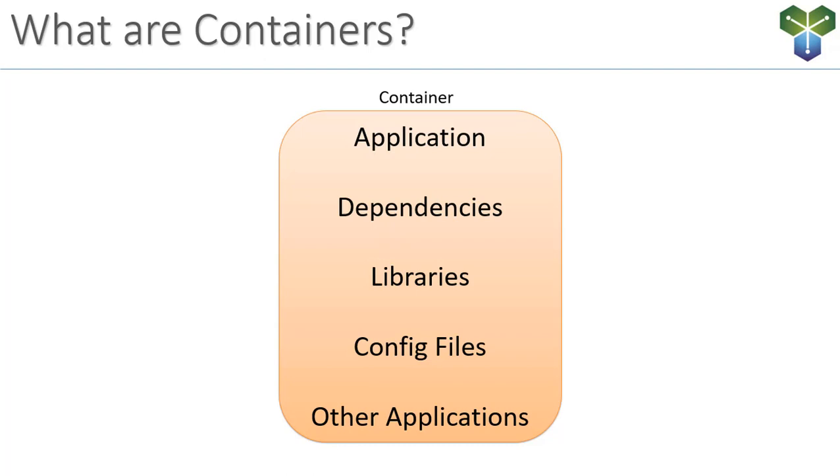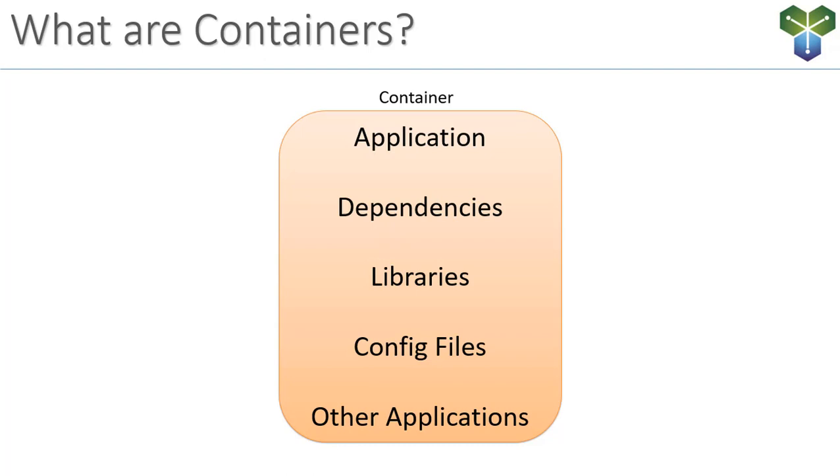So now I can take this containerized application and I can move it from platform to platform. And that's where the name containers came from. That's where Docker came from. Basically, think of a shipping container. It's this self-enclosed environment that I can put on a cargo ship, I can take it off of a cargo ship, and I can put it on the back of a train.